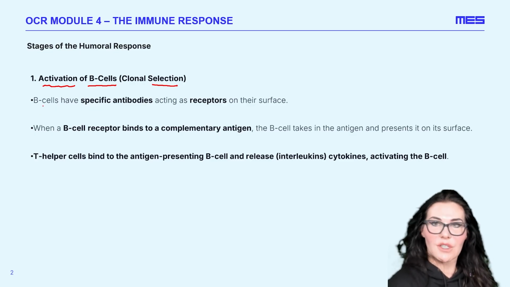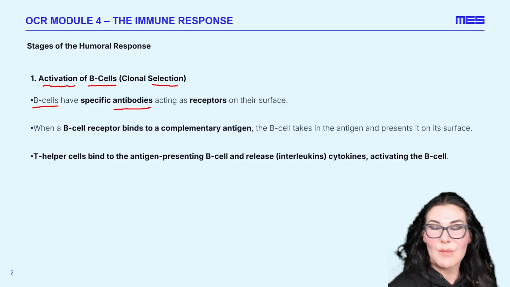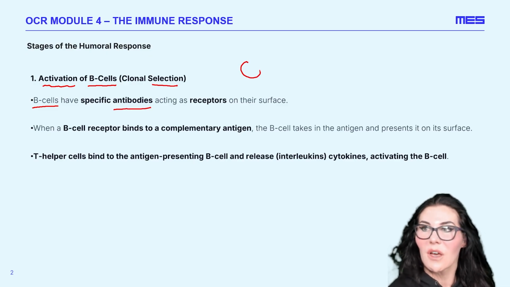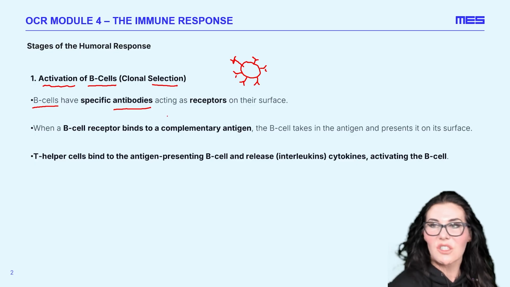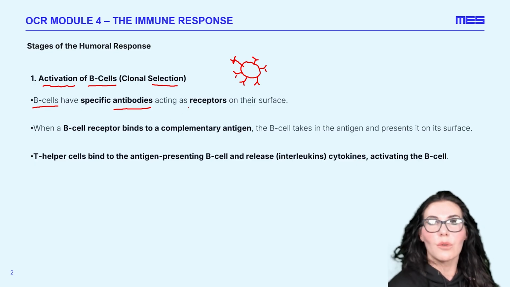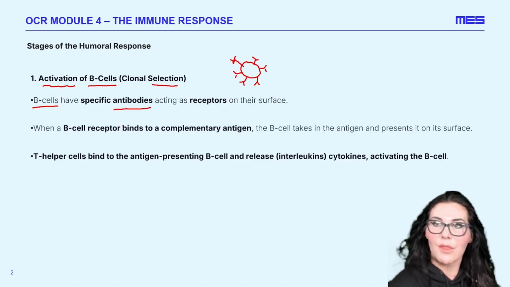The receptors on the surface of the B cells are actually, more precisely, specific antibodies. They're proteins on the surface of the B cell, which are antibodies. They're these little Y-shaped proteins. And you've got loads of different B cells in your library with different antibodies on their surface, of different shapes, that will recognize and bind to complementary antigens that are being presented when you've been invaded by a pathogen.